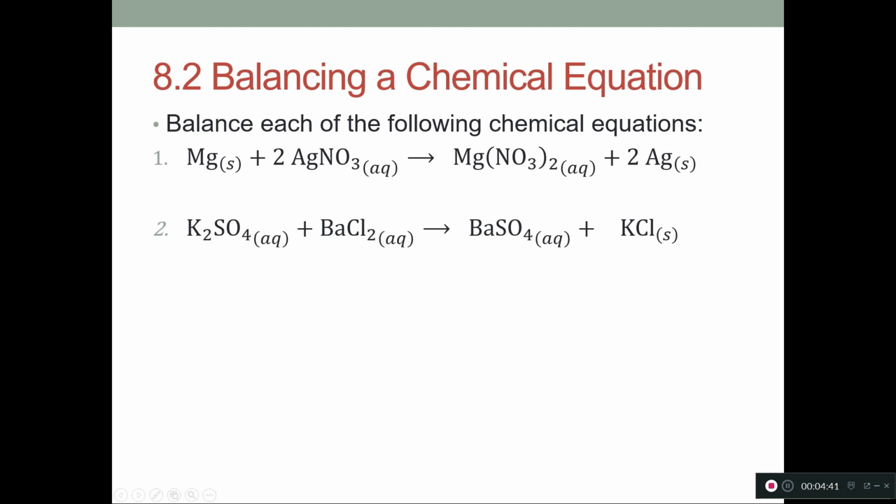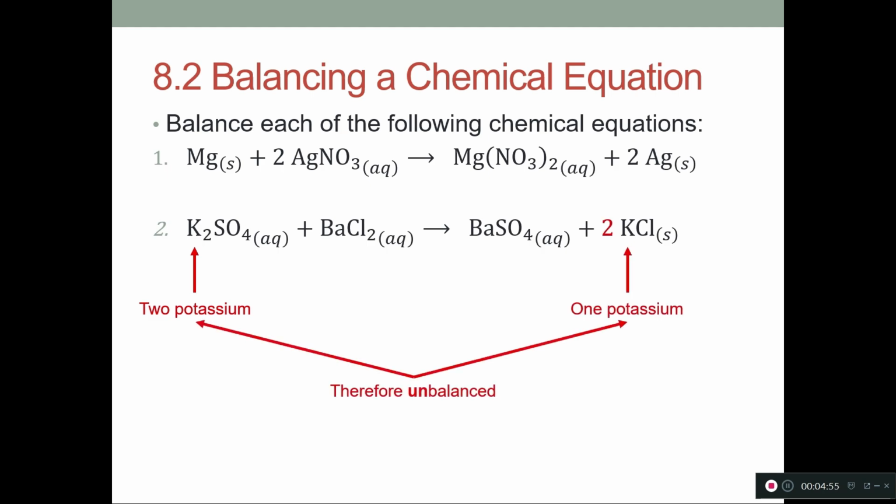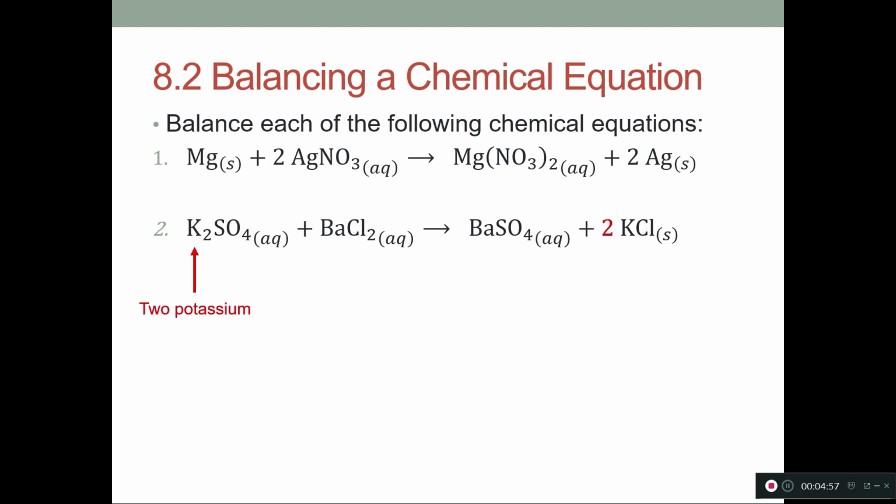So we have potassium sulfate plus barium chloride becoming barium sulfate plus potassium chloride. So we have 2 potassiums over here and 1 potassium over here. That means these are unbalanced. We put a 2 in front of there, and that will make it so that these are balanced. We can look at the next thing here. So we have 1 sulfate here and 1 sulfate here.